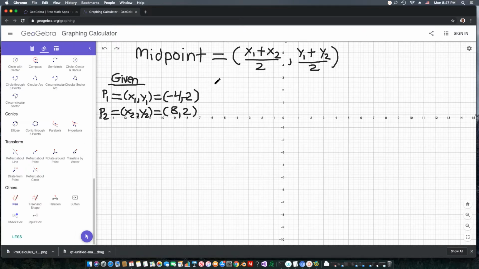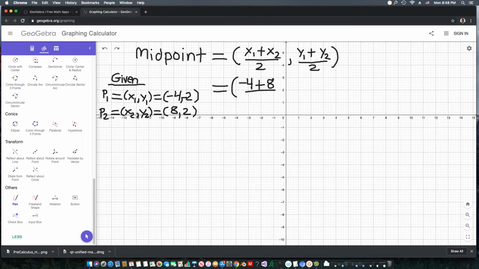All right, so we already wrote out the midpoint formula, and it's just a matter of plugging in the values. For point 1, we want to start off with x1. We want its x coordinate, which is -4. And then we want the x coordinate from point 2, which is 8.